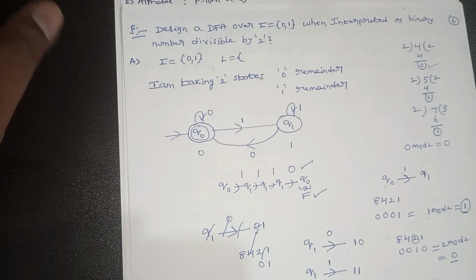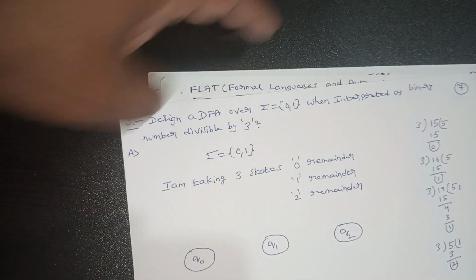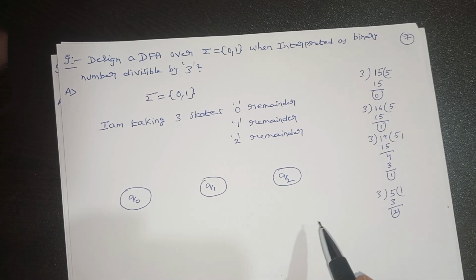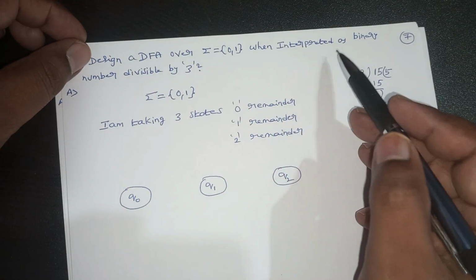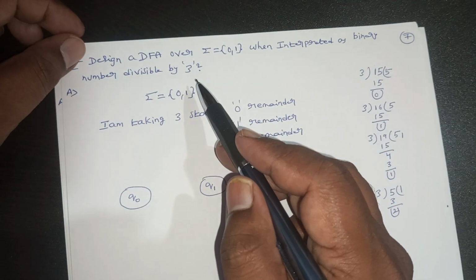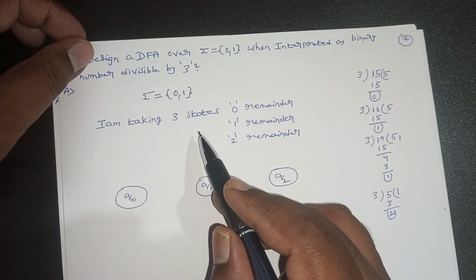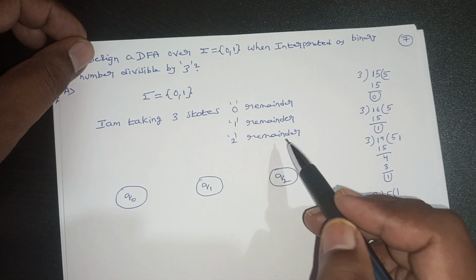Now take one more example. Design a DFA over sigma equal to 0 comma 1 that, when interpreted as a binary number, is divisible by 3. So when you divide any number by 3, I am getting 3 remainders: 0 remainder, 1 remainder, and then 2 remainder.